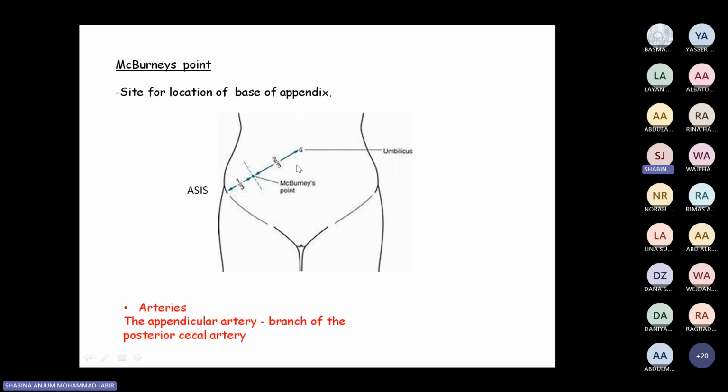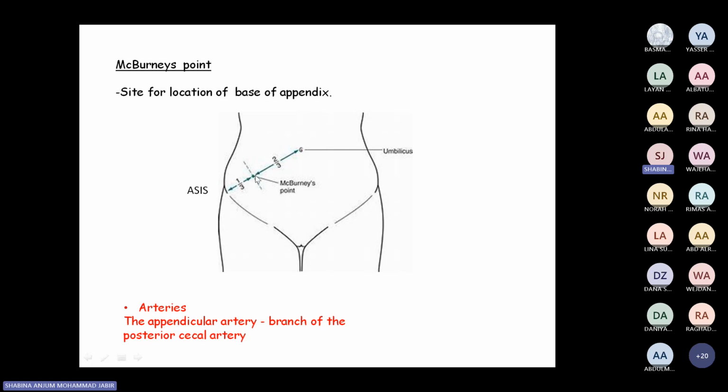You have to draw a line joining the umbilicus with the anterior superior iliac spine, obviously towards the right side. When you join this line, at the junction of the medial 2/3 and lateral 1/3, this point is called McBurney's point. This will be the base of the appendix.